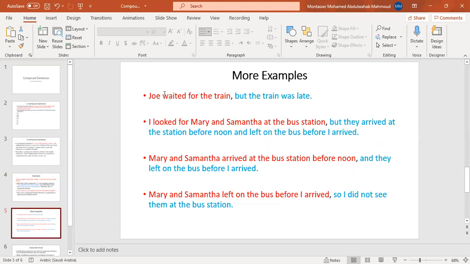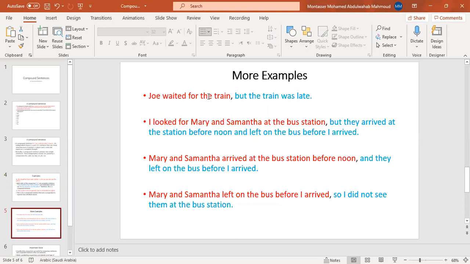These are some more examples. In each example, we will find one of the complete sentences in red and one in blue, one without the coordinating connector and one with the coordinating connector. Joe waited for the train, but the train was late.